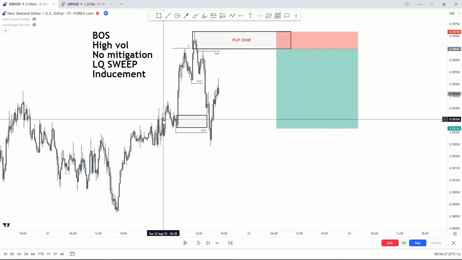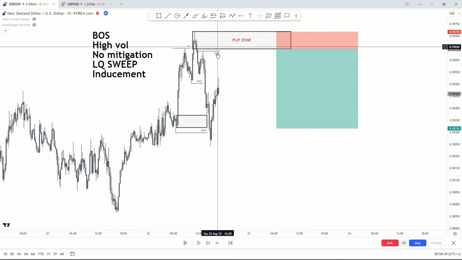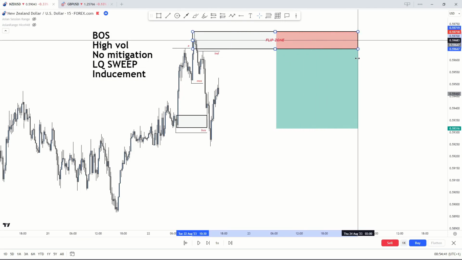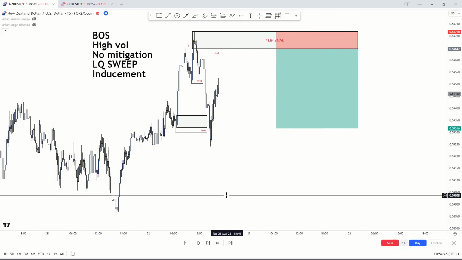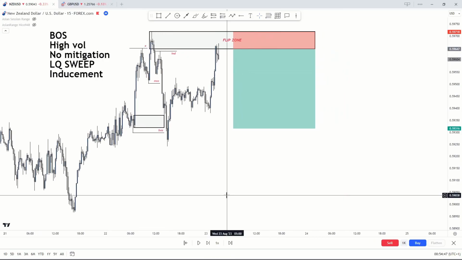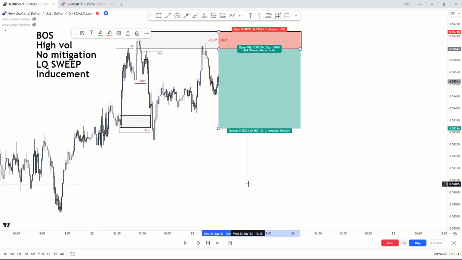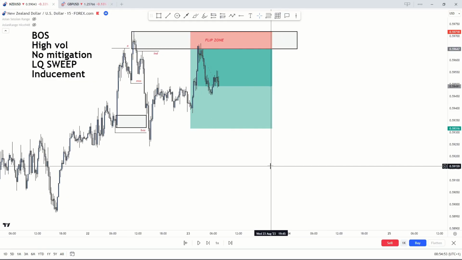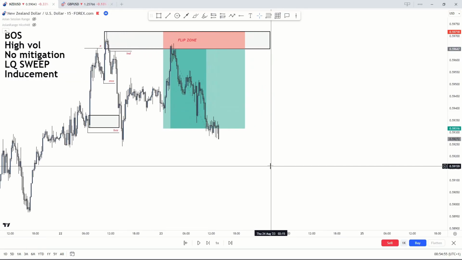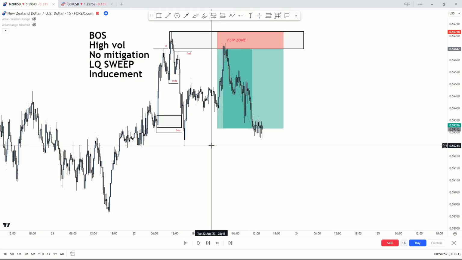Because price failed demand and so supply takes over and this becomes a flip zone, which makes it even more valid, right? So those are one of the extra confirmations that I use. But yeah, let's actually go ahead and get triggered in instantly into profit, and eventually we do hit full take profit, right?